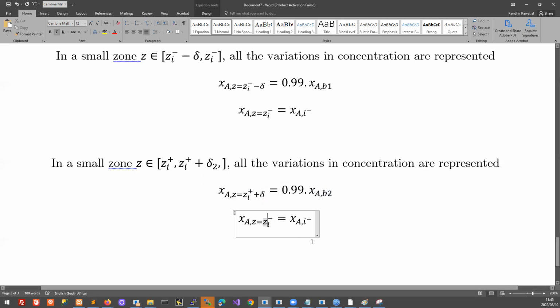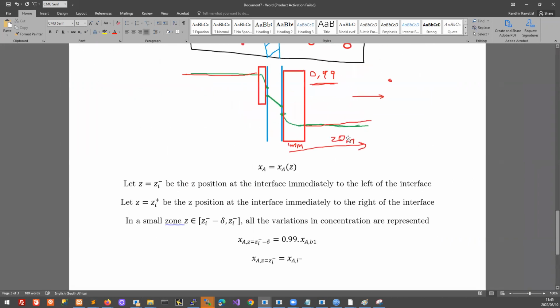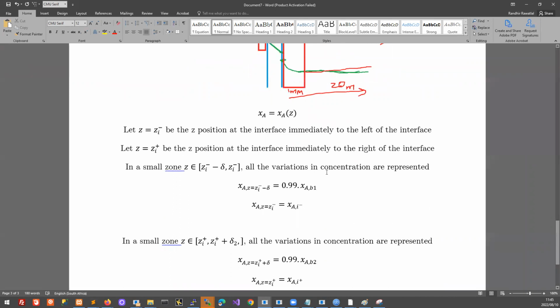Okay, and then at the interface itself, we are at some other value, which is Xi. So I don't know if defining things helps with that. Does that?